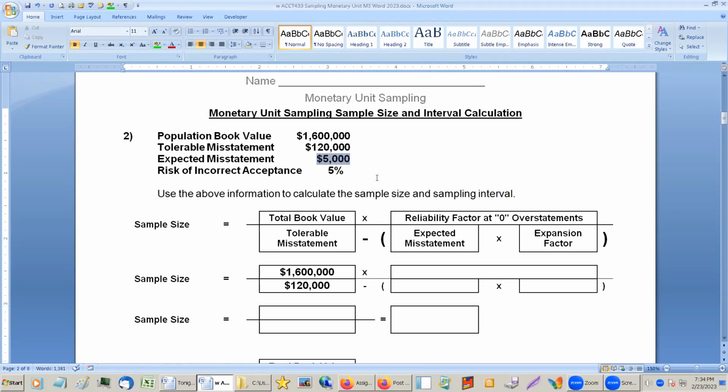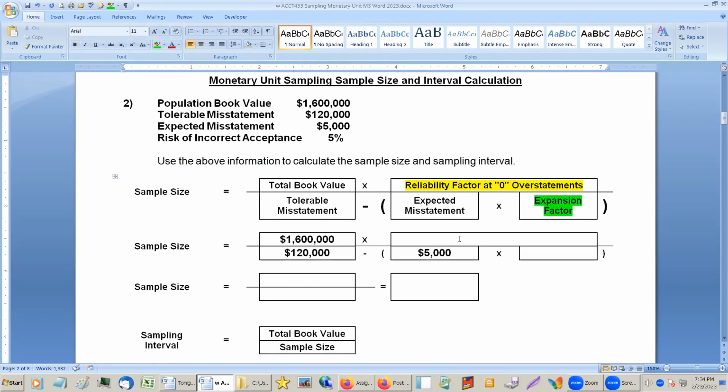Expected misstatement is 5,000. Okay, now we have to go pick two things here. We have to pick the reliability factor and the expansion factor. So that's what we're going to do for these two.